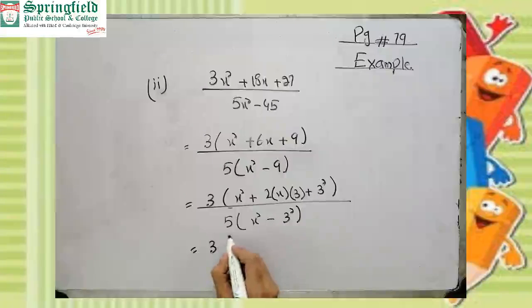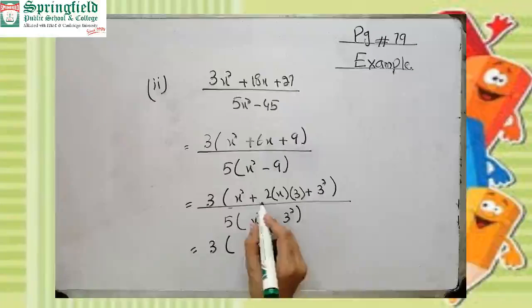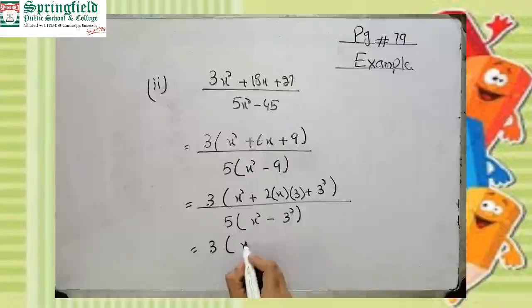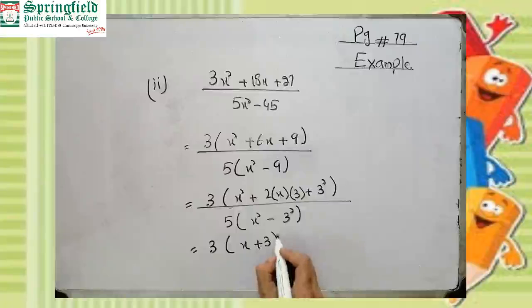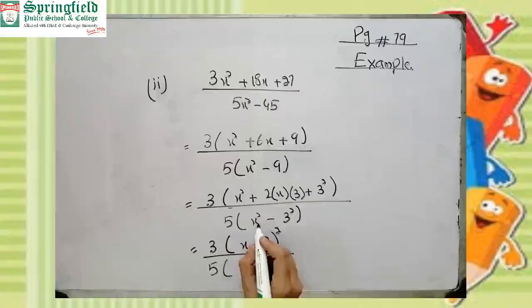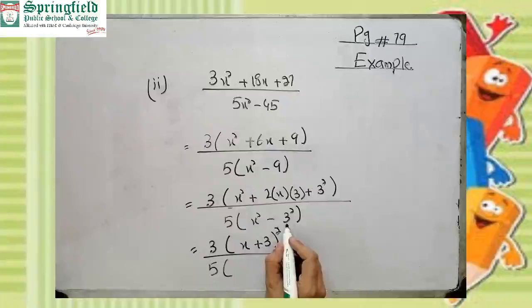So a square plus 2ab plus b square can be closed. x plus 3 means a plus b whole square. 5 times a square minus b square, open the formula. a minus b, a plus b.